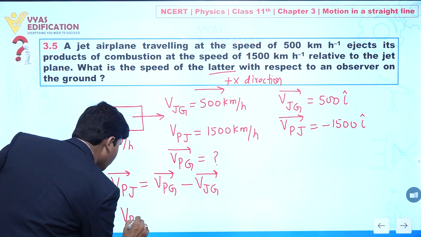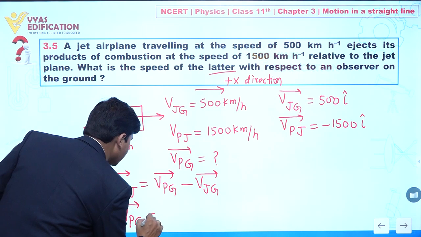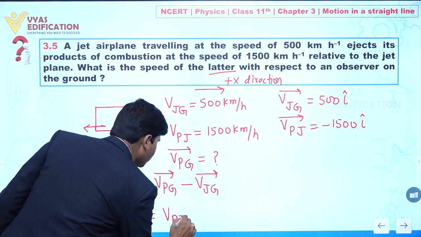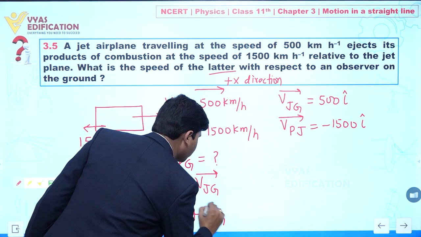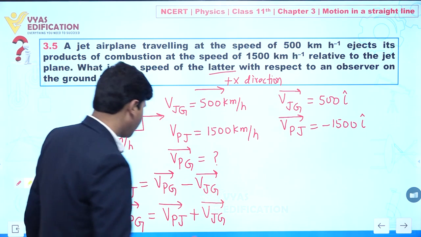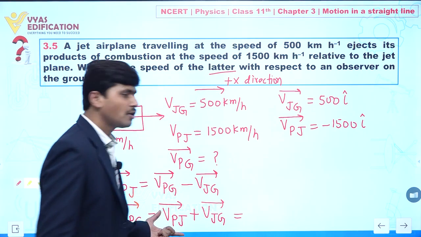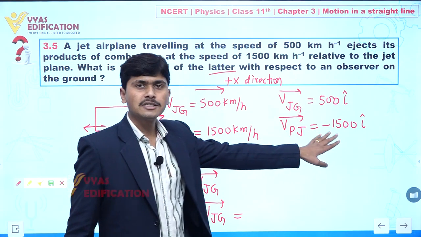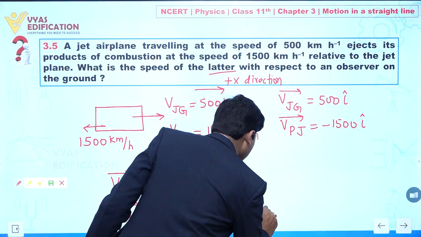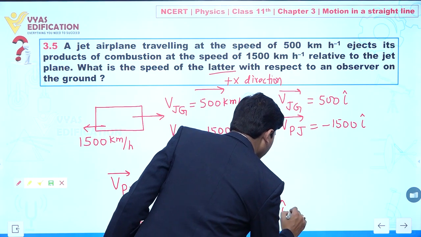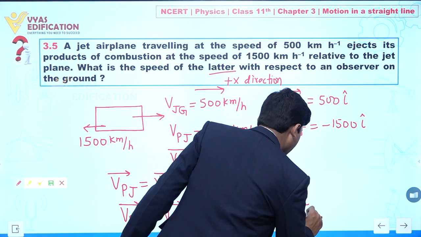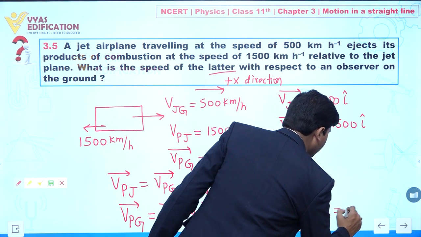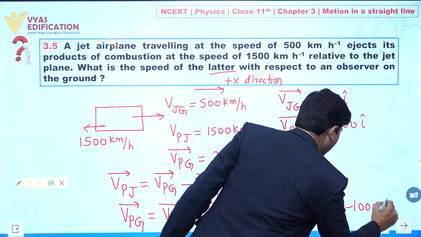So it is velocity of product with respect to jet plus velocity of jet with respect to ground: minus 1500 î plus 500 î, so this is minus 1000 î.